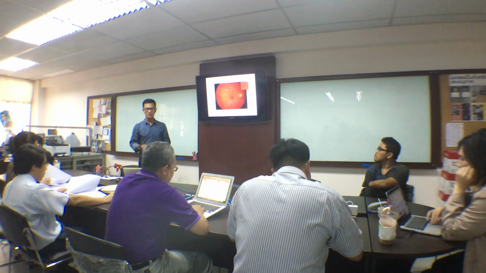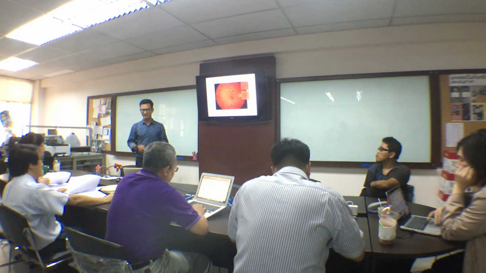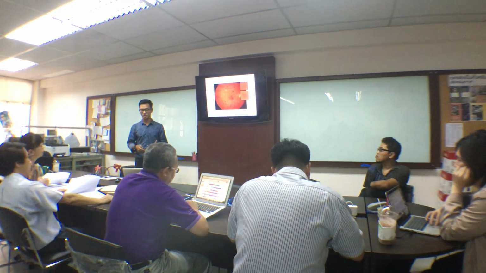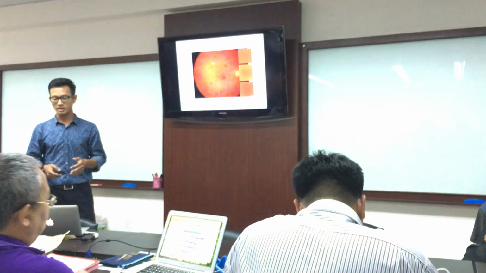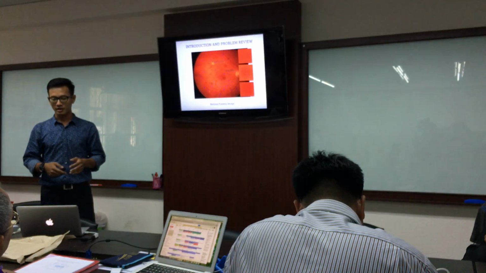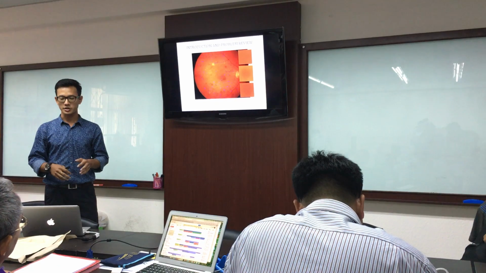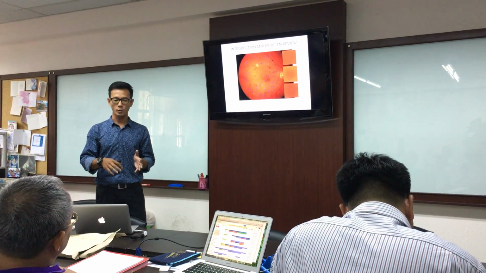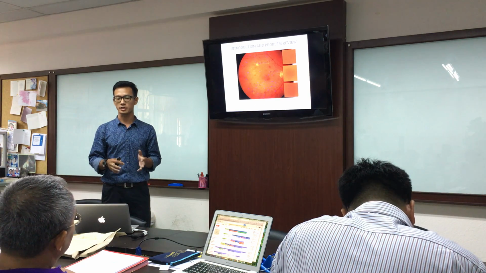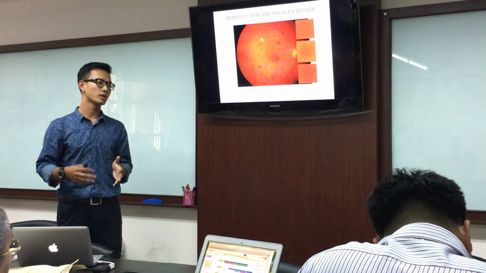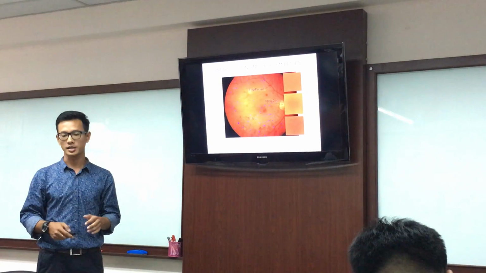It would look like this in the bad case, and in the good case it looks a little bit clearer. This one as well. So if we detect the microorganisms from the very first stage, we can prevent the patient from vision loss, because diabetic retinopathy can make patients completely blind.